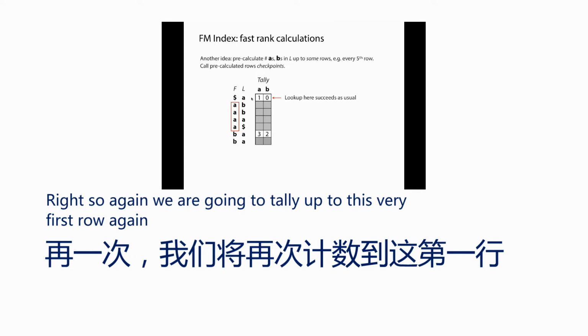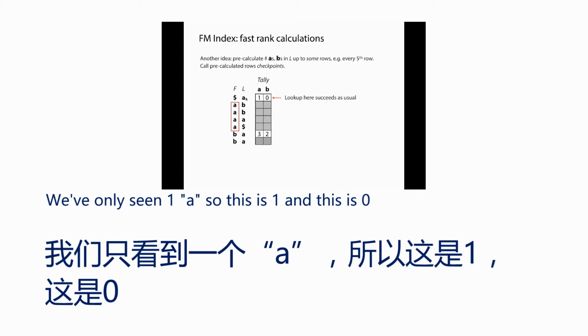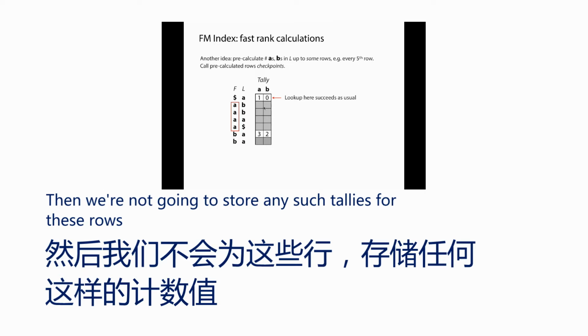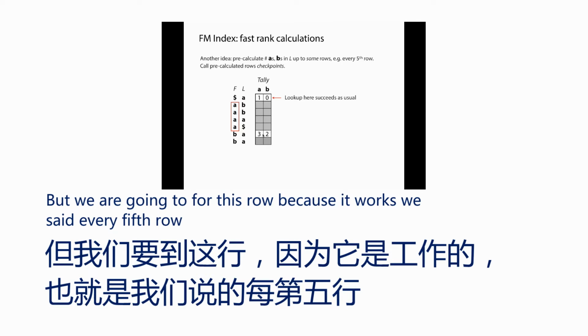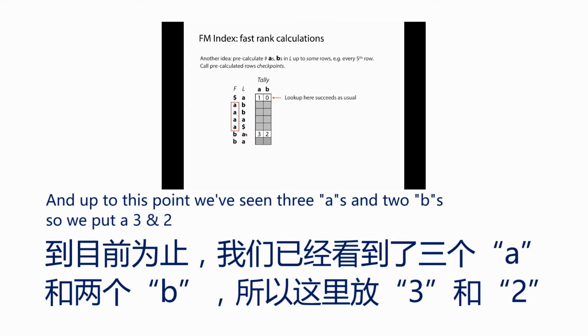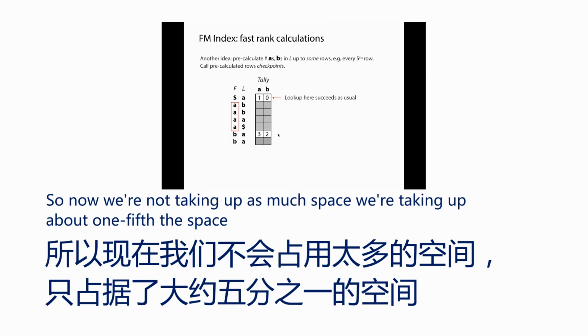So again, we are going to tally up to this very first row. Again, we've only seen 1 A, so this is 1 and this is 0. Then we're not going to store any such tallies for these rows. But we are going to for this row, because we said every 5th row. And up to this point, we've seen 3 A's and 2 B's, so we put a 3 and a 2. So now, we're not taking up as much space. We're taking up about 1/5 the space.